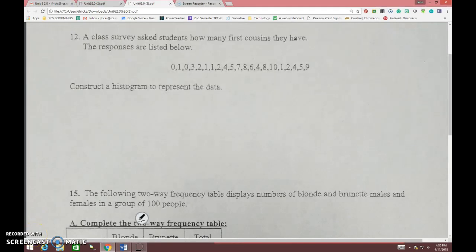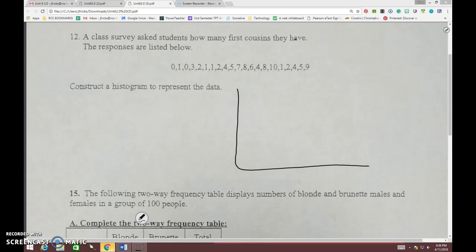So here's how I did it. This is just me. I drew my X and Y axis. Since it was first cousins, I went ahead and just labeled it cousins. It's important that you have a title. Then I noticed that it listed all the students and how many cousins they had.